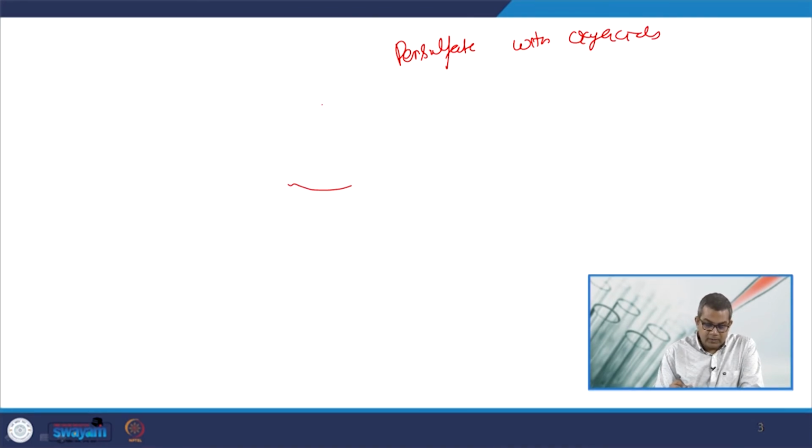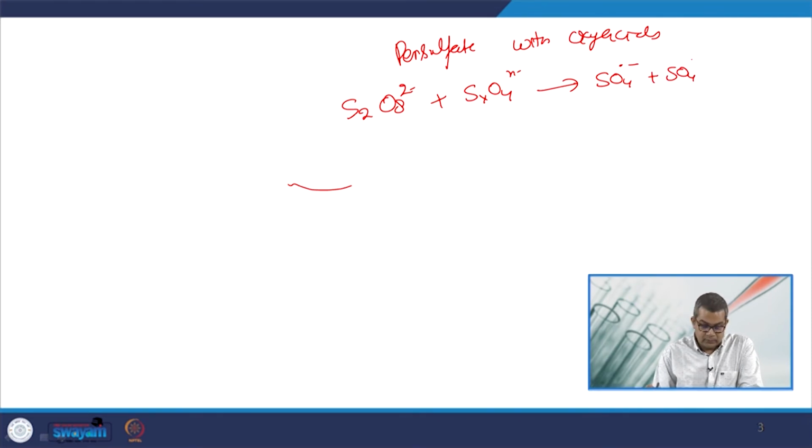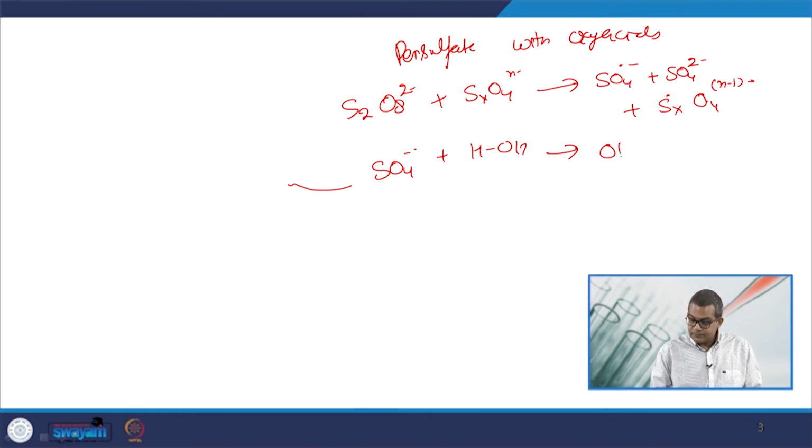So, persulfate whatever we generated in the previous slide, S2O8 2- plus SXO4, plus SO4 2- plus SXO4 n-1 negatively charged, and similarly SO4 negatively charged plus HOH gives HSO4 negatively.